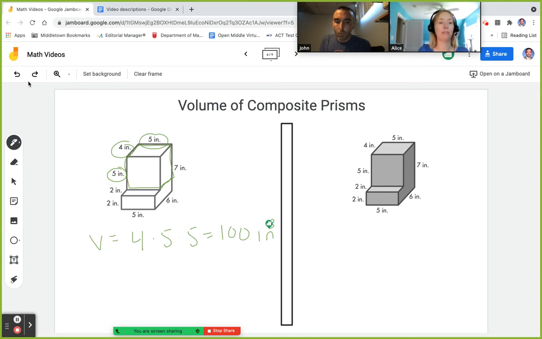Now I'm going to do the bottom one. We're on a roll here. So I'm going to do this shape here. And I love this. It reminds me of playing with Legos and blocks as a kid. So that's going to be height is 2 times 5 times 6.